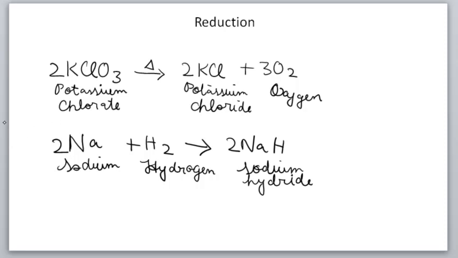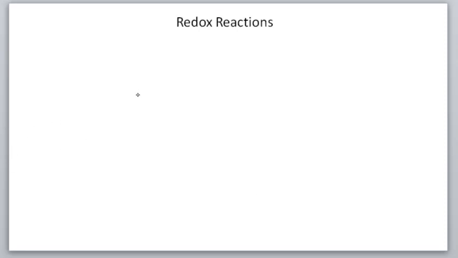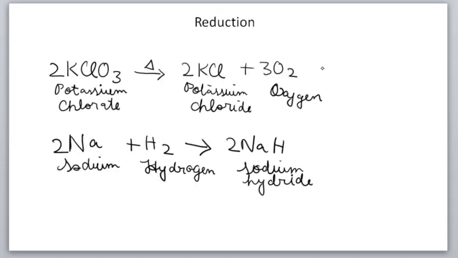Now let's move on to the redox reactions, but before that let's talk about the oxidizing agent and reducing agent. So the oxidizing agent is a substance which can bring about oxidation of other substances.